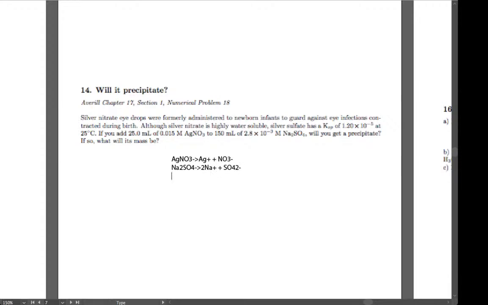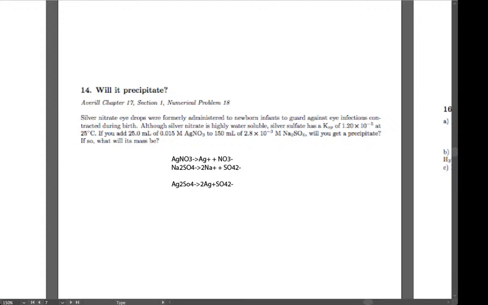And then after that, what I have here is the silver sulfate, Ag2SO4. This would separate into 2 Ag plus and SO4 2 minus. But then we know the KSP, so that means that we know what the reaction should be.